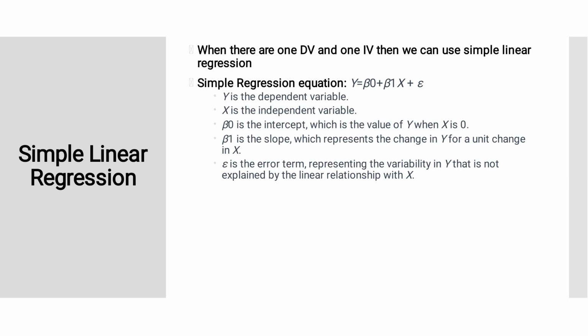So we can always express this relationship with an equation, that is y = β0 + β1x + ε, where ε is the error. So y is the dependent variable, x is the independent variable.